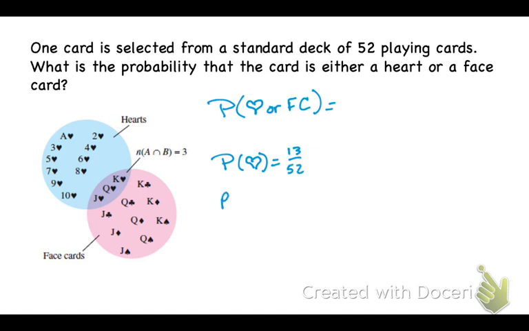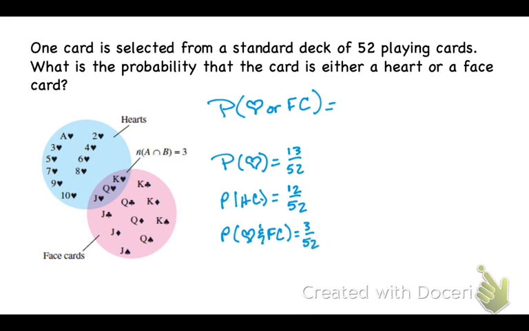What is the probability of getting a face card? 12 out of 52. And what is the probability of getting a heart and a face card? So 3 out of 52.